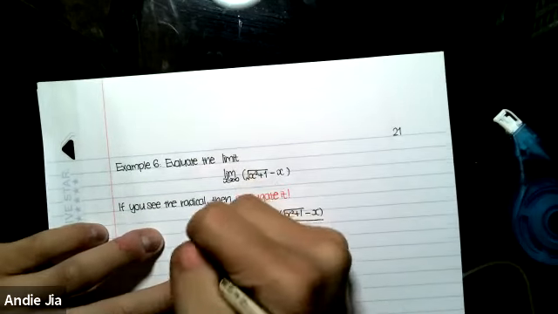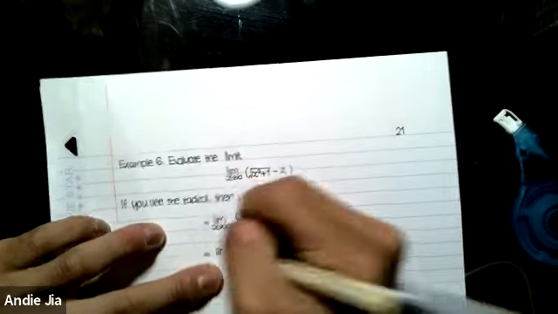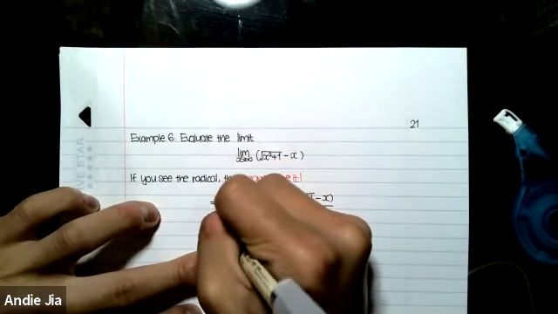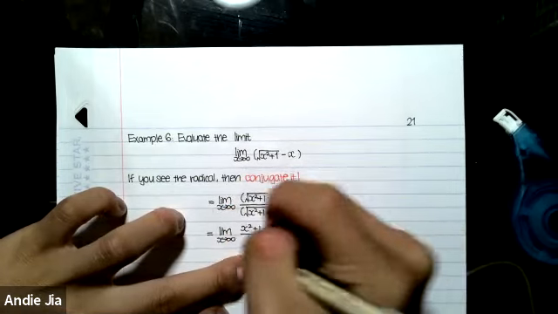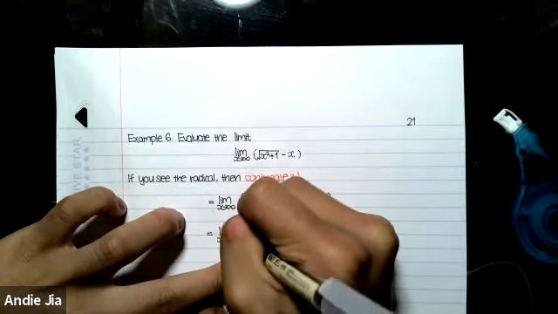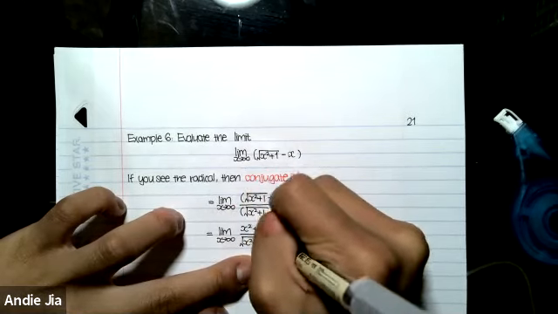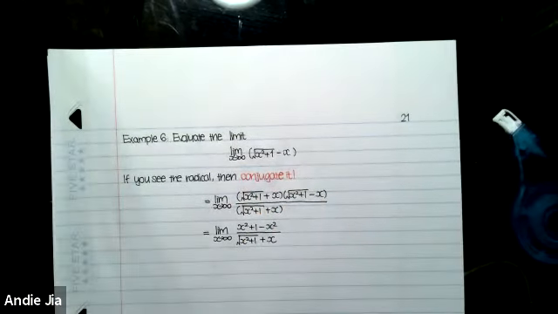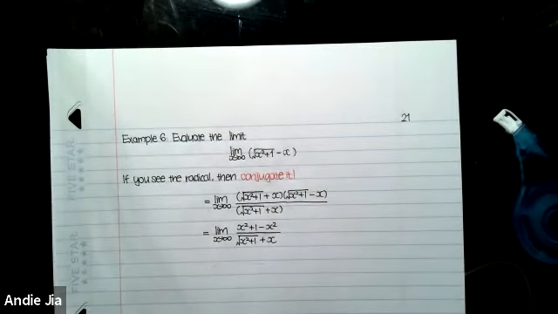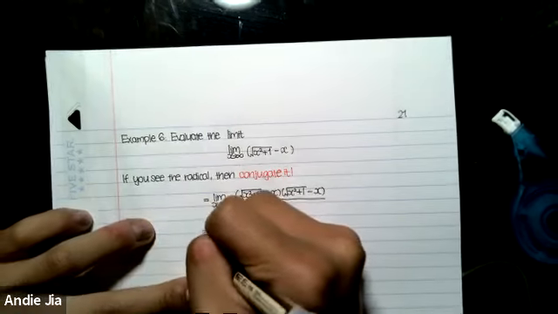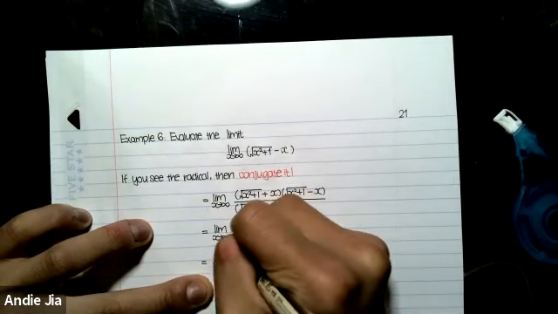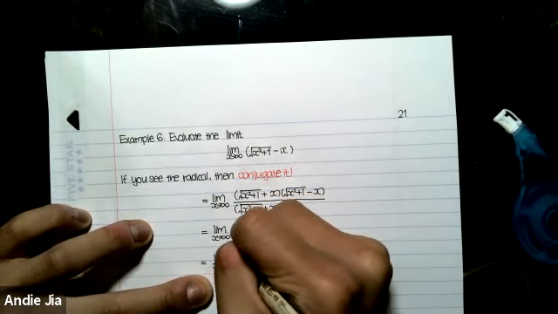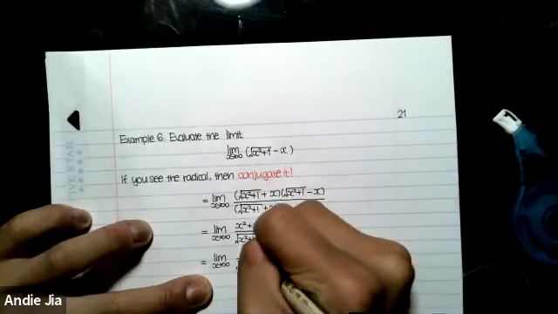Then we just rewrite the limit. It is x squared plus 1 minus x squared over the radical of x squared plus 1 plus x. Then we simplify the limit: 1 over the radical of x squared plus 1 plus x.